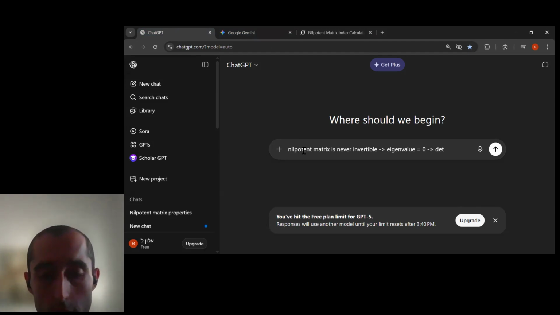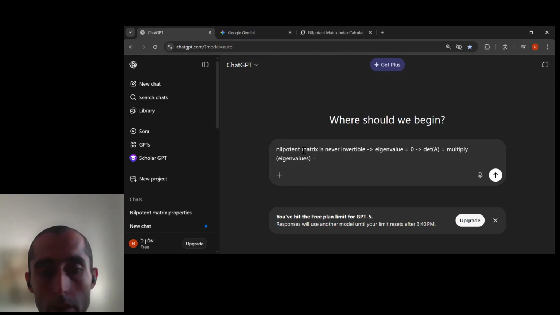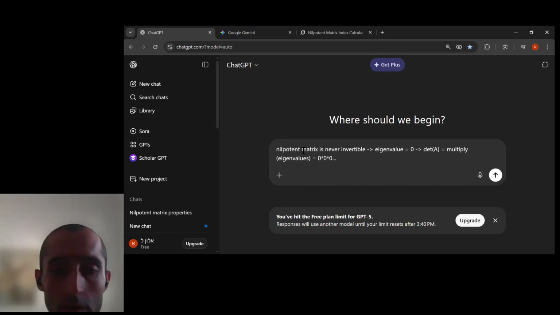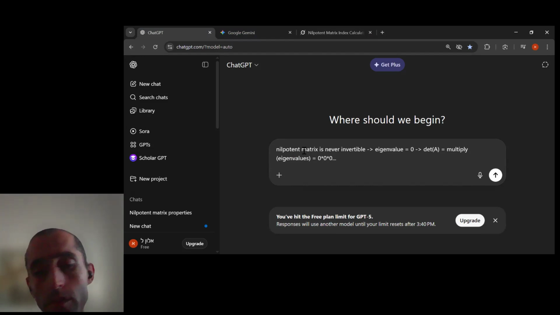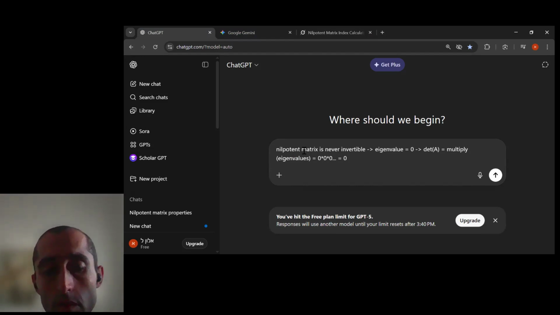Therefore, the determinant of A will be, as we said, the product of all its eigenvalues, and this is 0 times 0 times 0, depending on the order of the matrix. So the determinant must be 0. And if a square matrix has a determinant of 0, it means that it's not invertible.